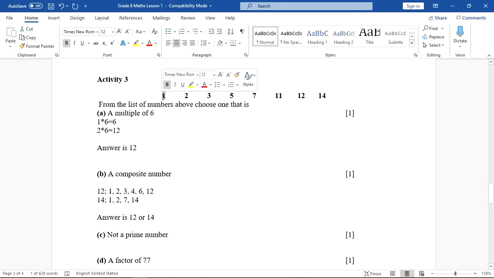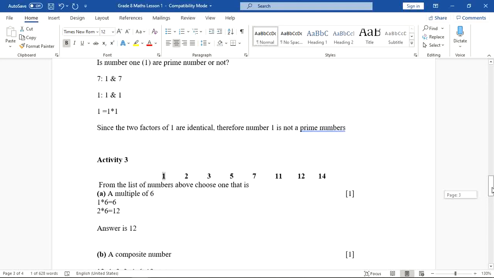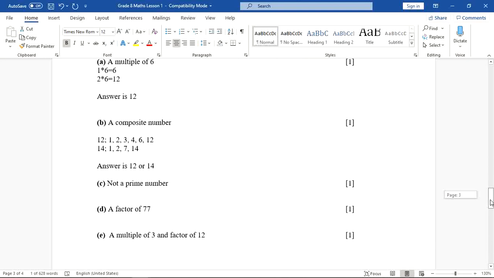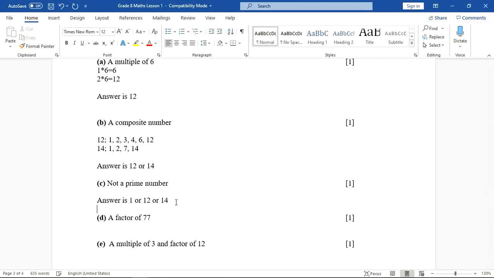Is number 1 a prime number? Nope. From activity number 2, we know that 1 is not a prime number. Therefore, 1 is also not prime. So the answer is either 1 or 12 or 14. Those are not prime numbers.